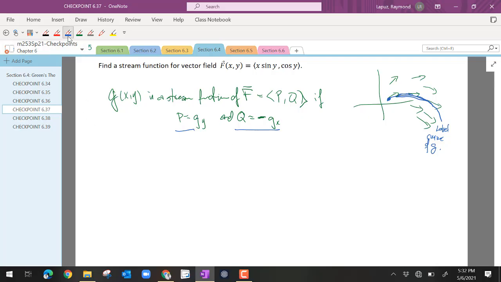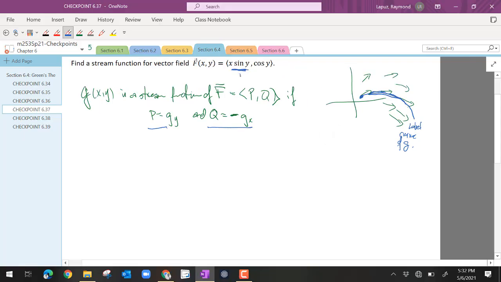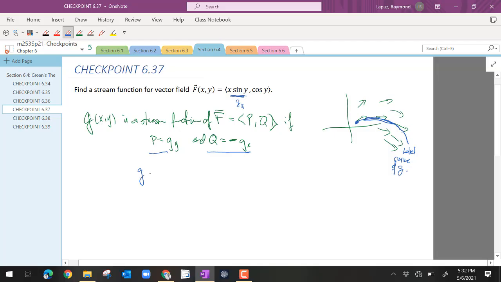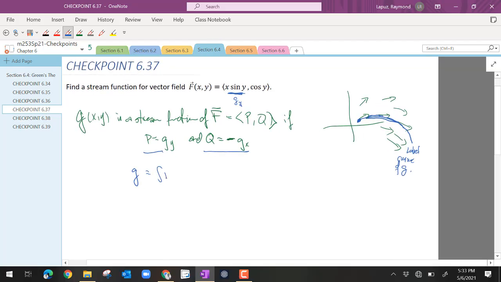Okay, so let's find the stream function. So we're going to assume that this is P, and we're going to assume that this is G of y. So that means we have taken the derivative of G with respect to y to get that, so in order to get G back, we should take the antiderivative of P with respect to y. Again, this is different from finding the potential function for a conservative field.